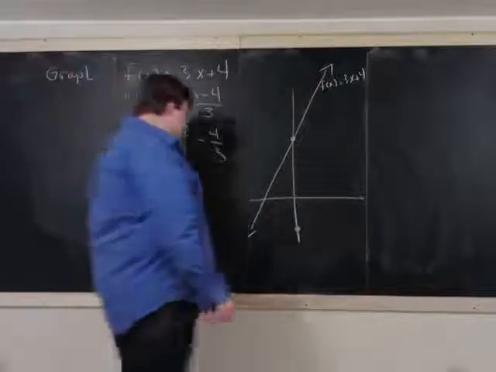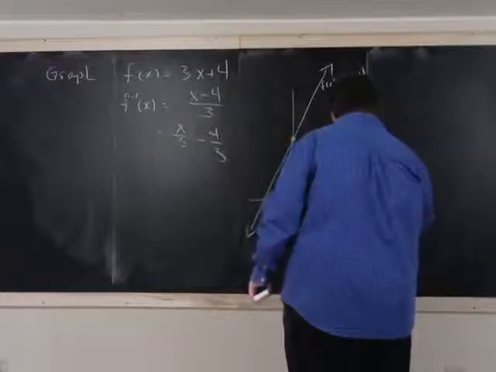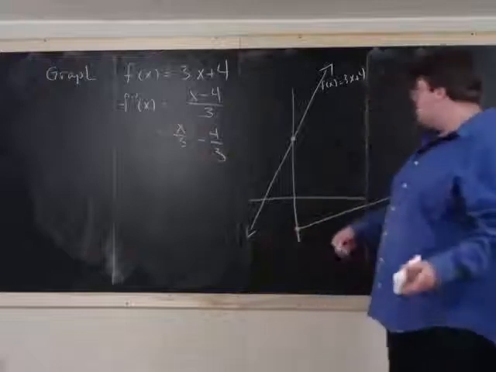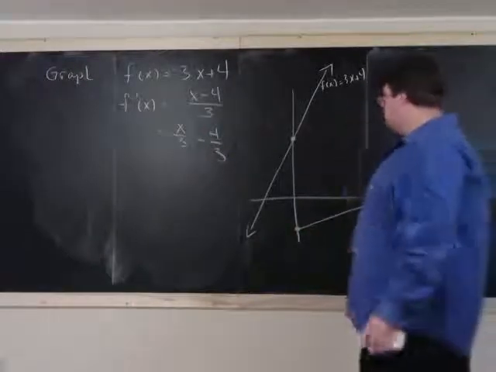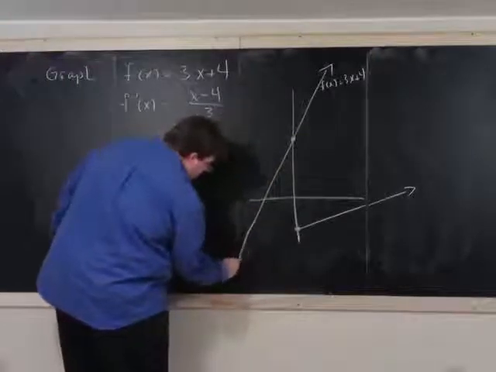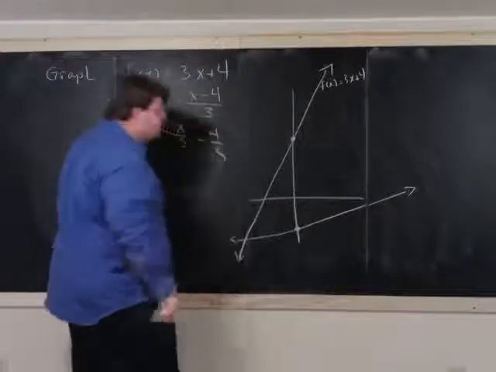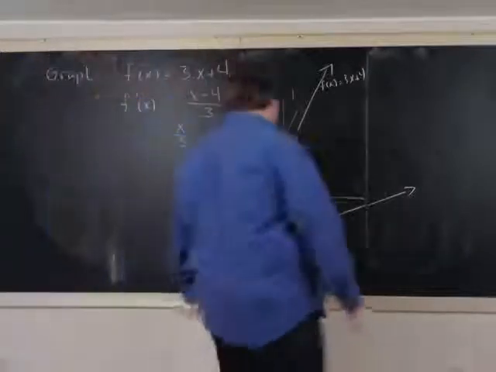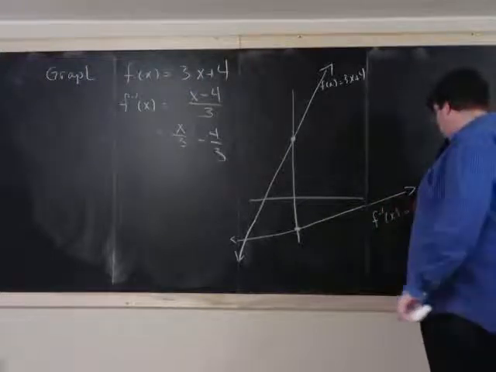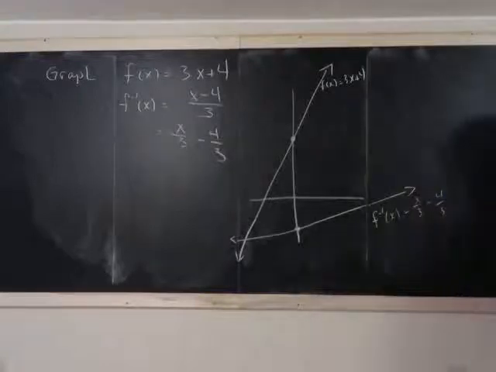That's kind of slanted, but less slanted than slope 1. I'm going to extend this line a little more. Something like that, and this is f inverse of x. And I guess I'll write equals x thirds, negative 4 thirds.